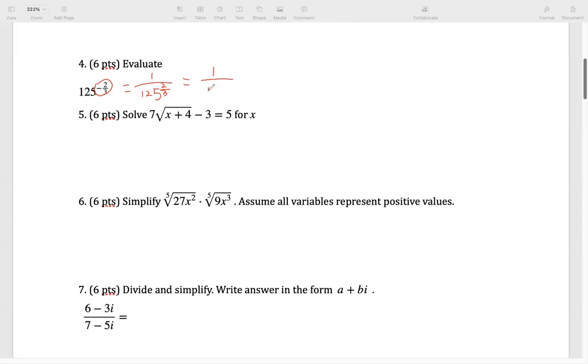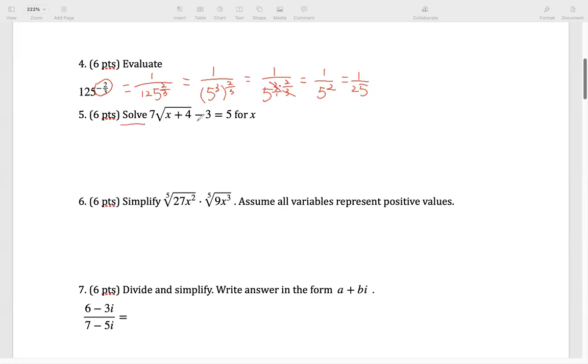Well, 125 is 5 cubed, right? Then raised by 2/3. Two layers of exponents, we multiply them. So I have 5 raised by 3 multiplied by 2 over 3. Well, 3 is 3 over 1. So that becomes 1 over 5 squared, right? Because this 3 cancels this 3. Then that's 1 over 25.